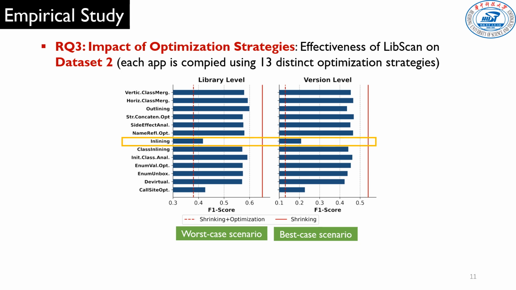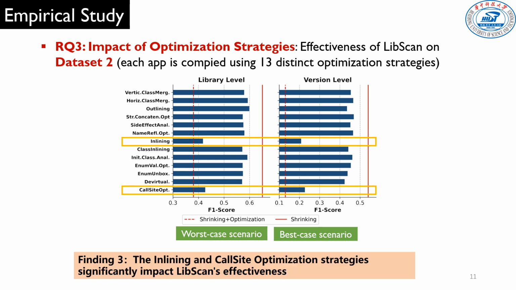Notably, inlining and call site optimization have the most impact, resulting in low F1 scores and significantly reducing LibScan's effectiveness. This highlights the need for detection tools that can better handle these two impactful optimization techniques.